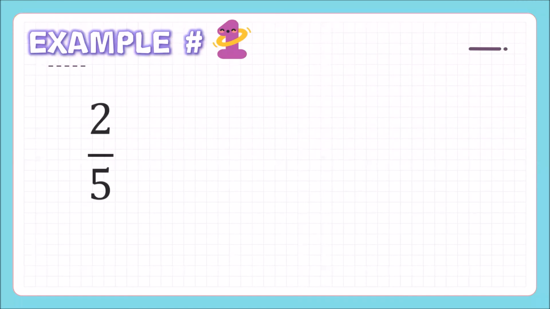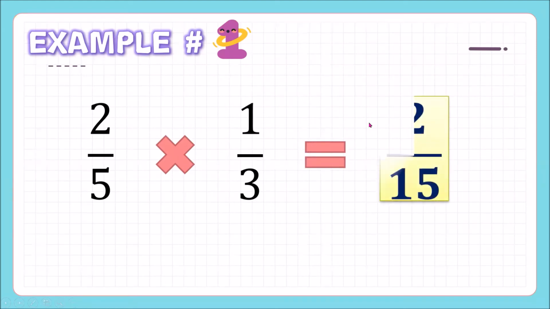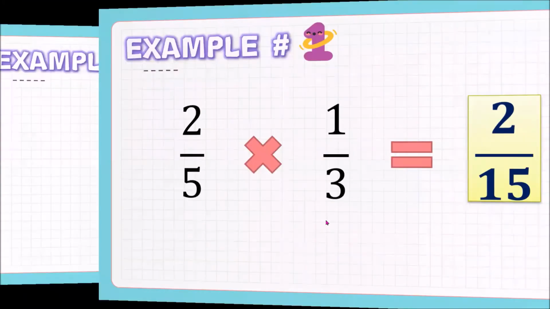Example number 1. We have 2/5 times 1/3. So we need to multiply the numerator, 2 times 1, and then the denominator, 5 times 3. So we have 2 over 15. So no lowest term for this fraction.